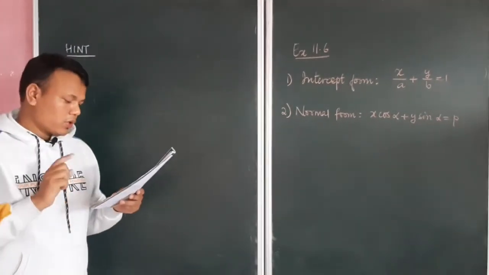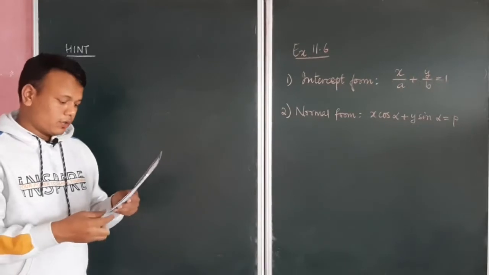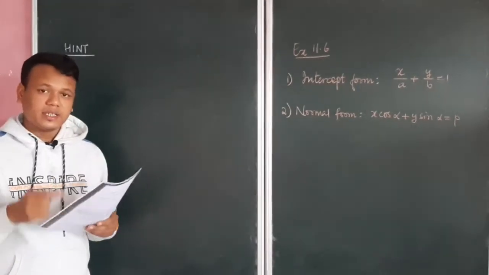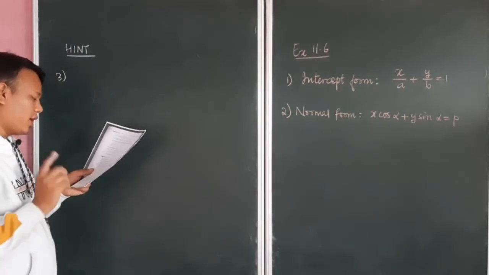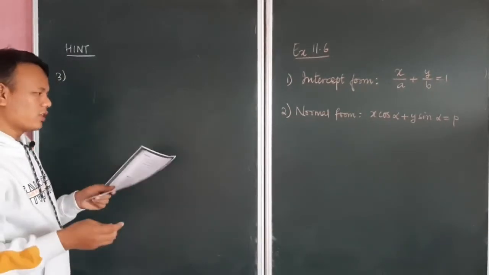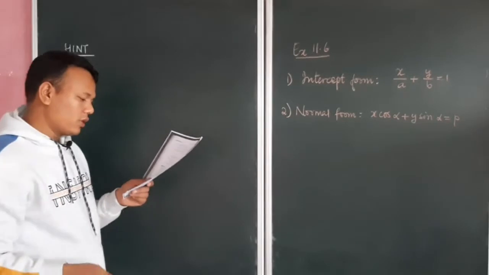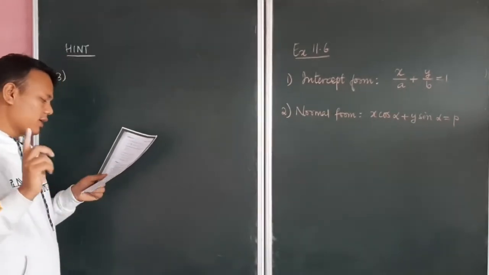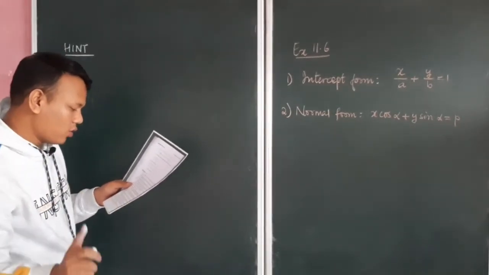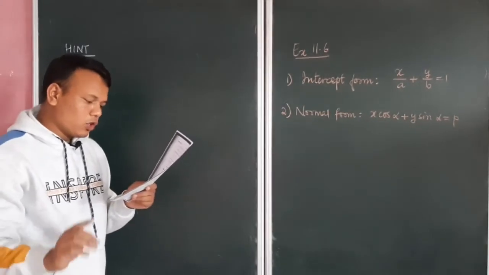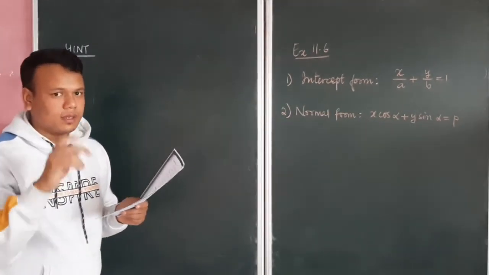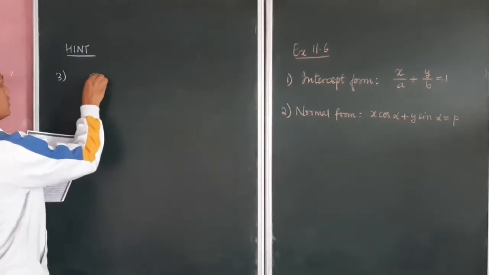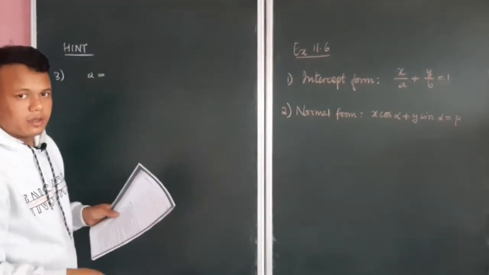Questions 3 and 4 are quite similar to question 2, but I'll give you a hint for these two questions. In question 3, find the equation of a straight line which passes through 1 comma minus a, like the earlier question, and makes an intercept on the y-axis twice as long as on the x-axis.